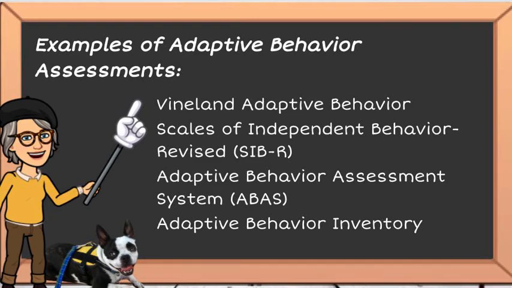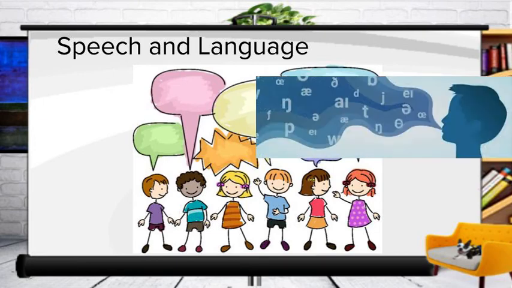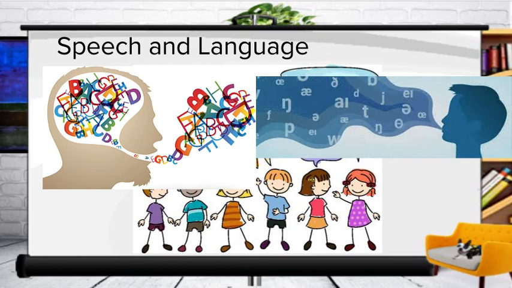And finally, the last area that we look at for evaluation for eligibility and program for students with disabilities is speech and language. Speech tests measure the student's ability to articulate sounds and speak intelligibly. Language tests measure a student's ability to understand and use language. Now remember, this is a quick review from last week.